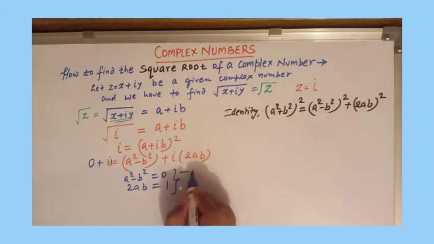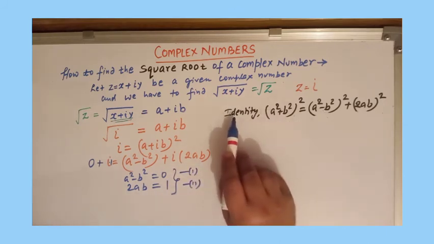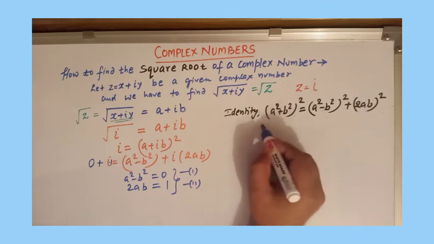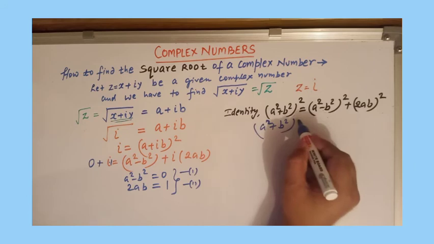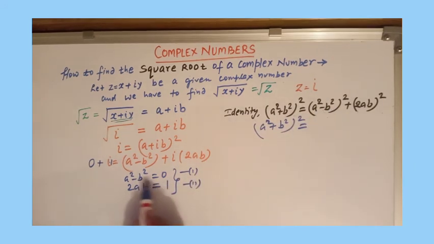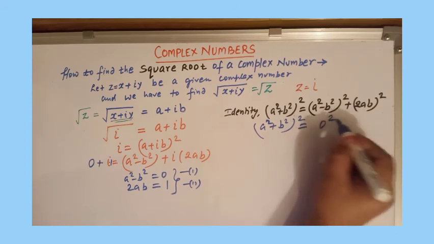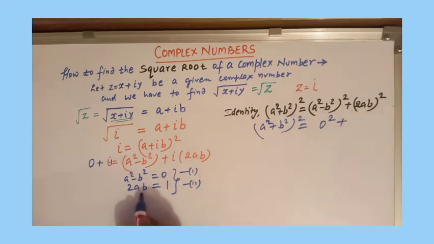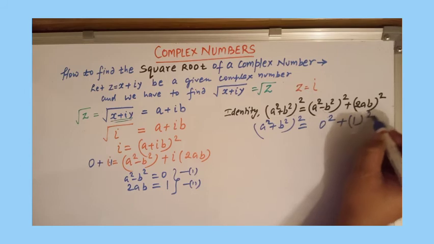Say this is equation 1, this is equation 2, and now let us use this identity: (a square plus b square) whole square is equal to (a square minus b square) whole square plus (2ab) whole square. For a square minus b square we have 0, so we have 0 square, and for 2ab we have 1, so we have 1 square.